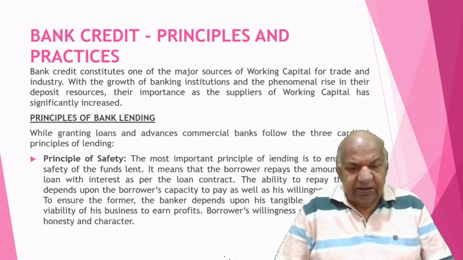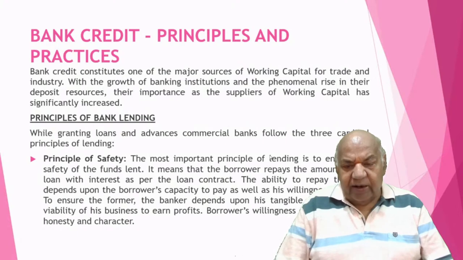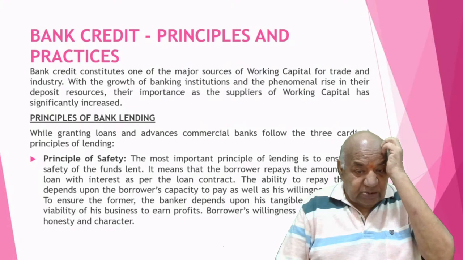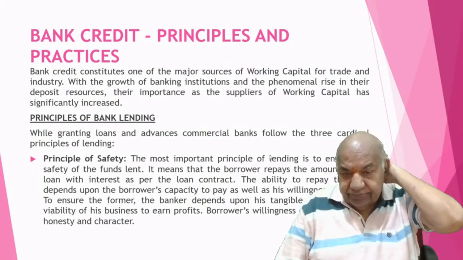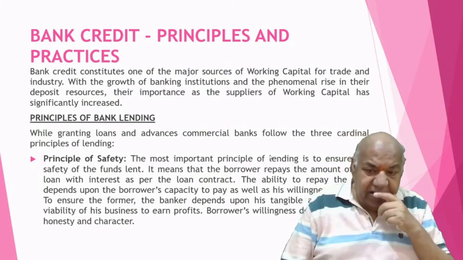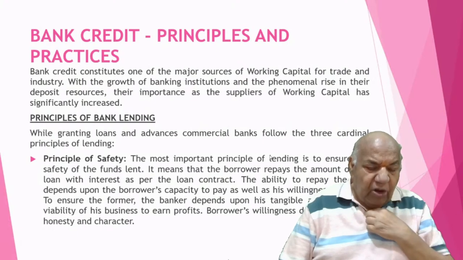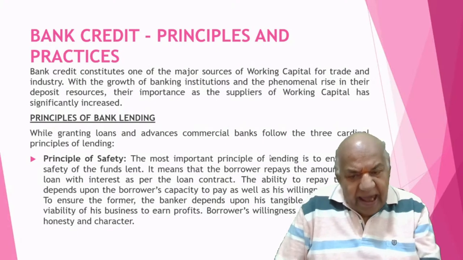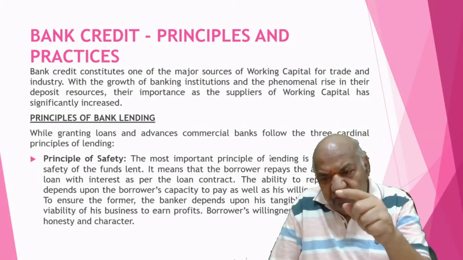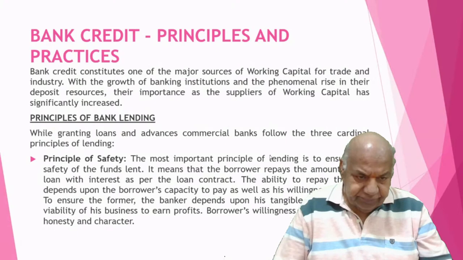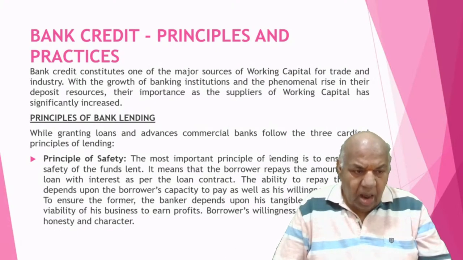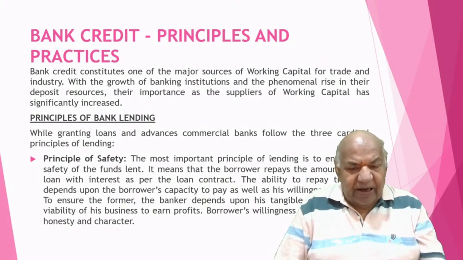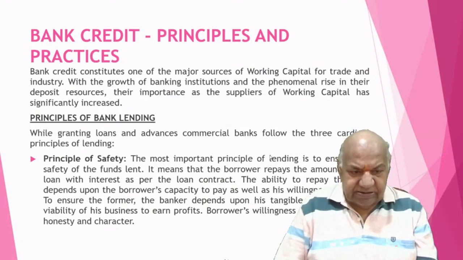It means that the borrower repays the amount of the loan with interest as per the loan contract. The ability to repay the loan depends upon the borrower's capacity to pay as well as his willingness to repay. To ensure the former, the banker depends upon his tangible assets.